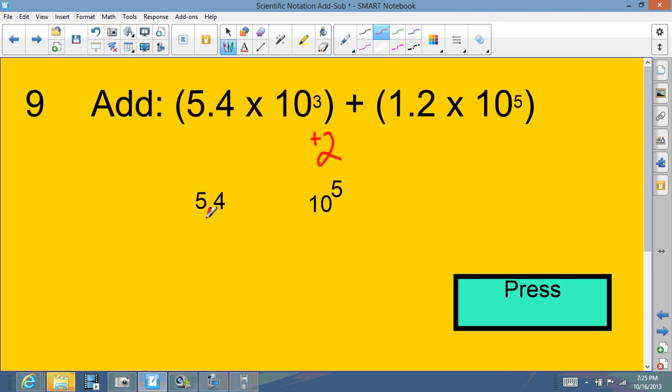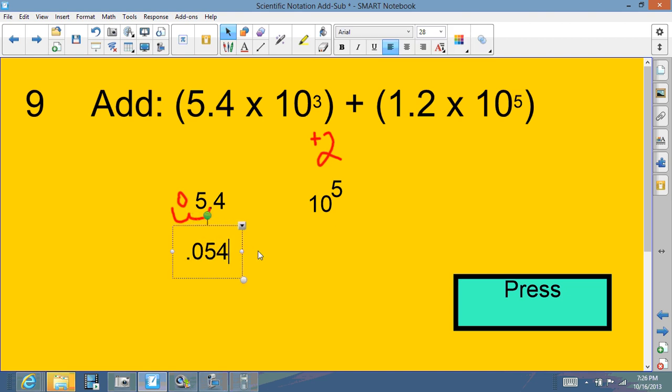So I'm going to move this over 1, 2 places, add a 0, and there is my new number for this value. It's 0.054, and that's going to be multiplied by 10 to the 5th.